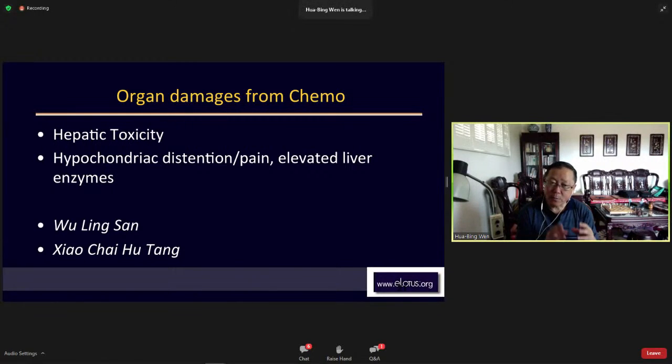The one thing I need to point out is 五苓散, which we mentioned earlier as an herbal diuretic, but in fact it is also a great formula to protect liver function. If you look at the makeup of 五苓散, it is actually for liver function.